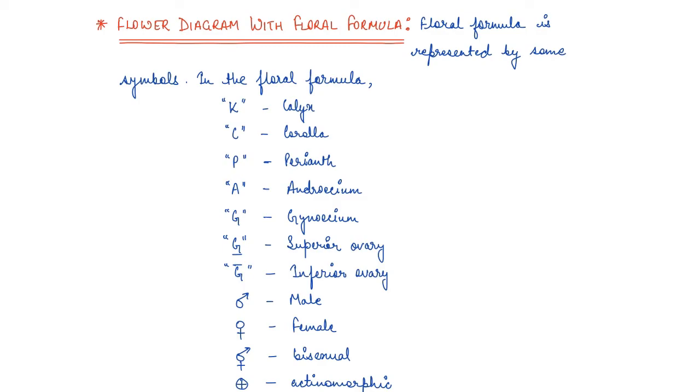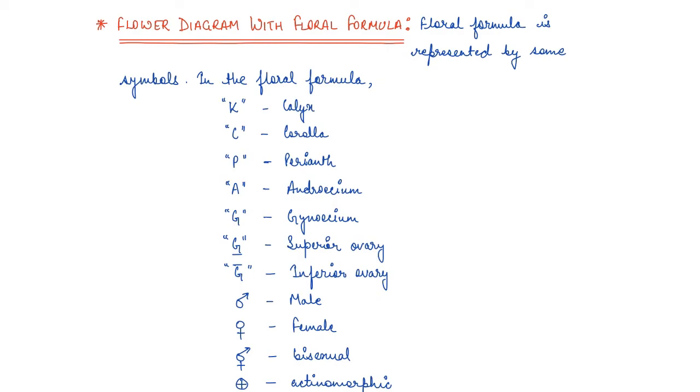So the plant is described beginning with its habit, vegetative characters like roots, stem, leaves, and the floral characters, like the inflorescence and the flower parts, right? For the description of all these parts, they came up with a floral diagram and a floral formula, right?